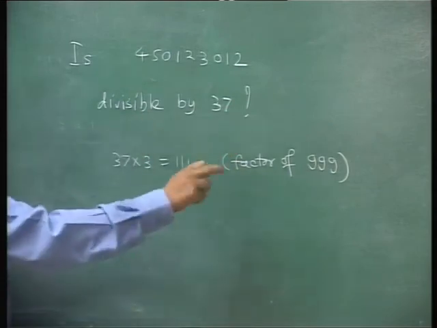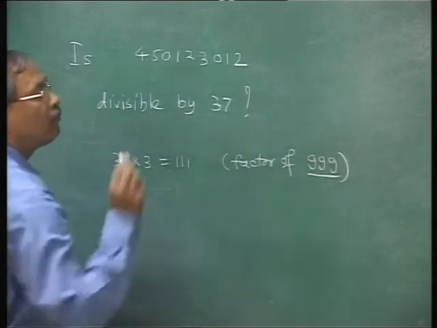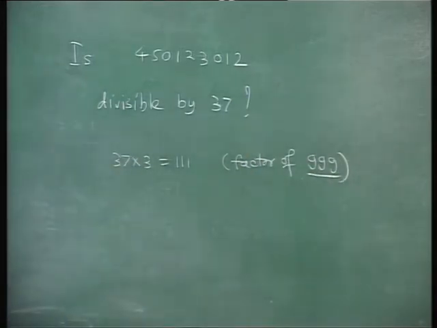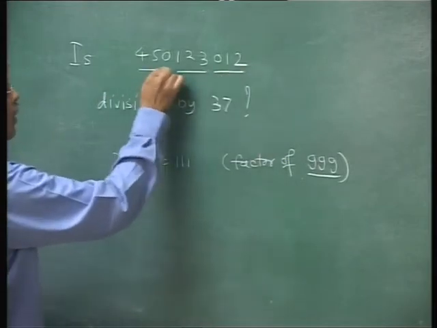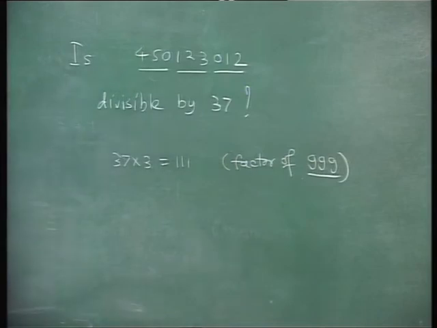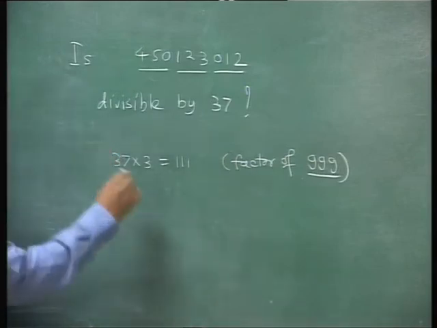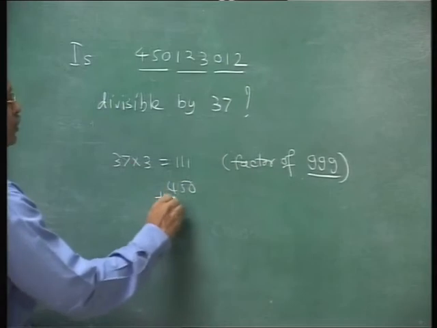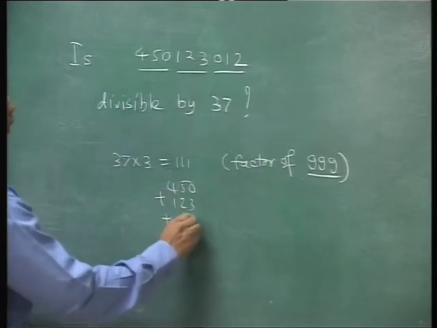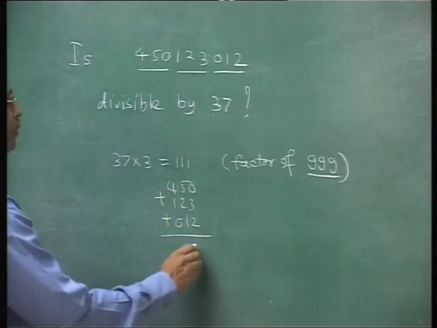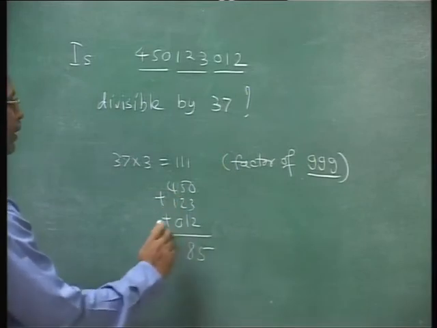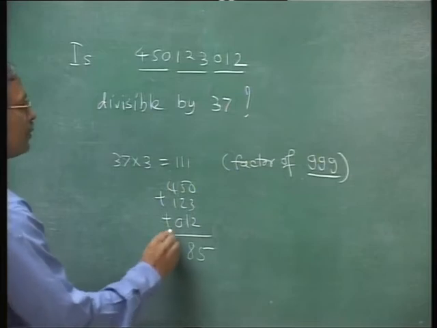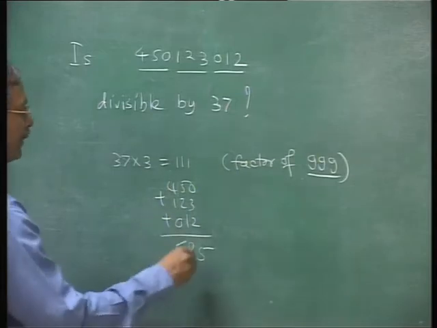So I consider this number, which has blocks of 3 digit numbers. Add these: 450 plus 123 plus 012. So 5, then 8, and here I have this number 585.